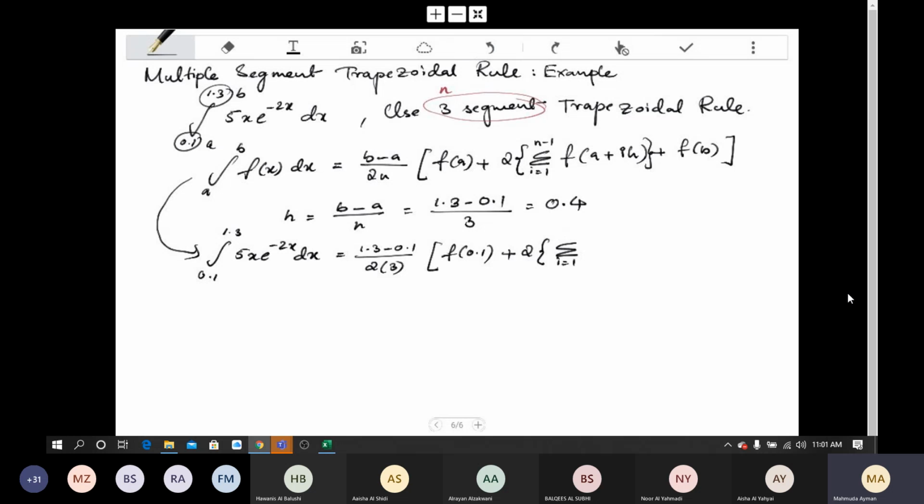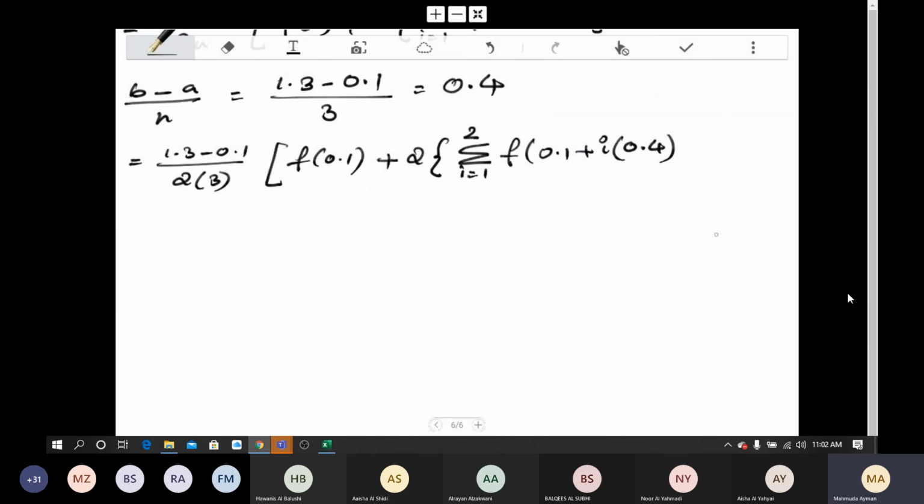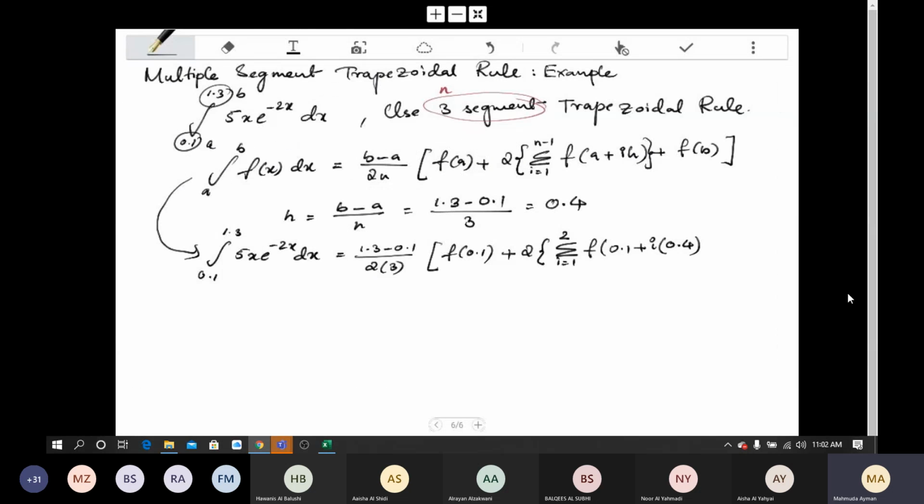So we know our n now is 3. 3 minus 1 is 2. And then we have function a is 0.1 plus I times h, and we have calculated our h is 0.4. Now we can close this bracket, plus f of b, which is 1.3.